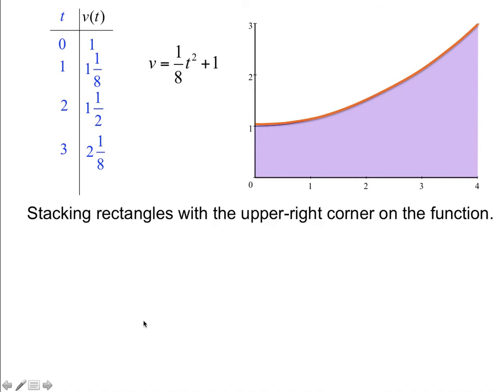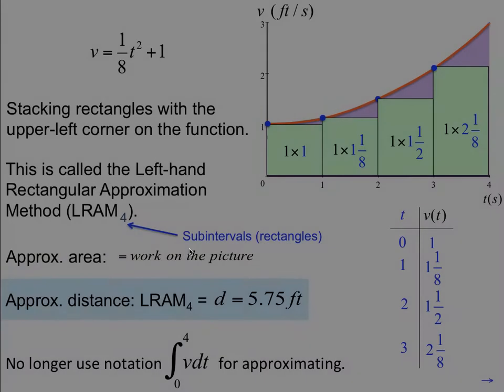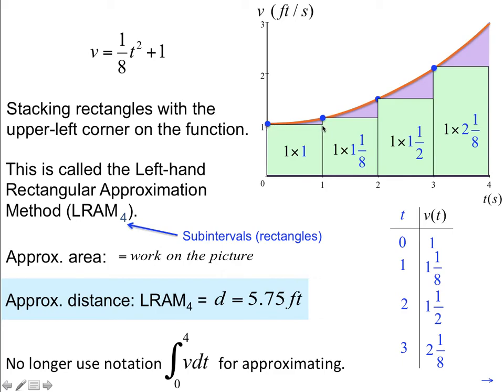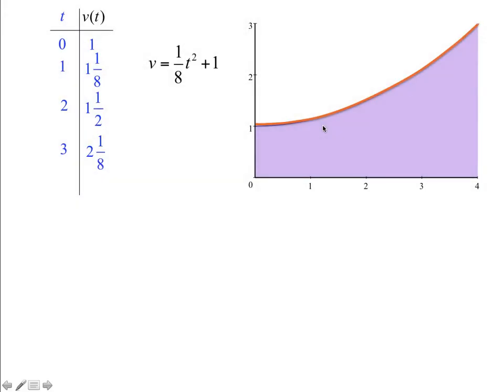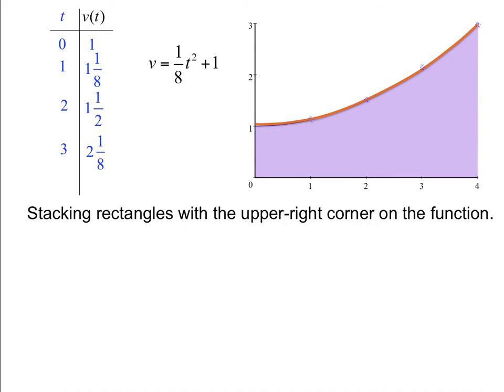And that works out okay. But sometimes the upper left isn't what we want to go for. For instance, maybe we want to use the other corner as our point that touches the function. So I'm going to create rectangles now where the right side of the rectangle is now touching the function.